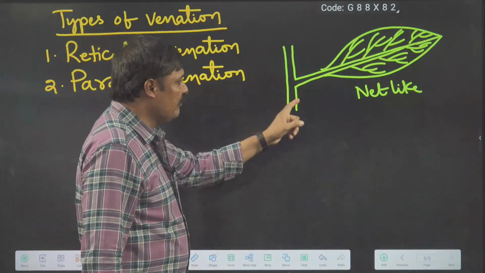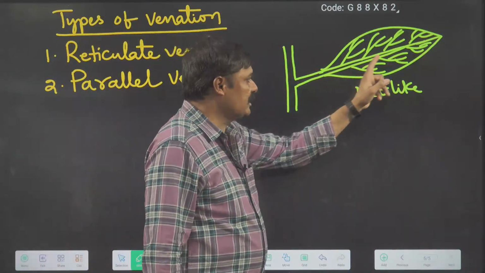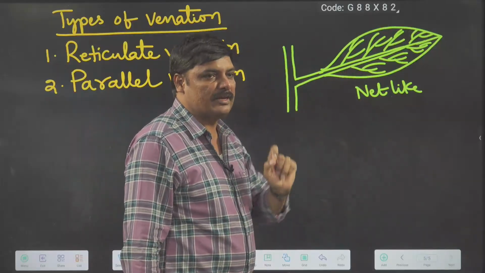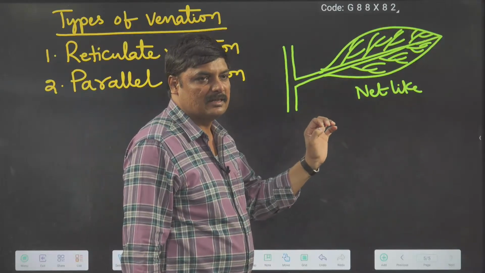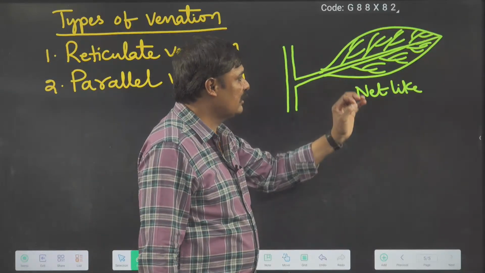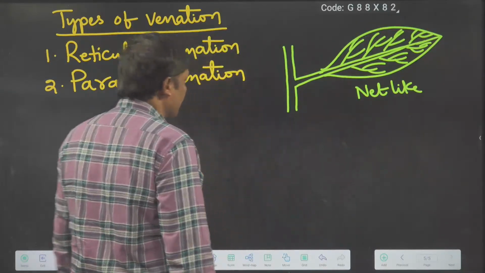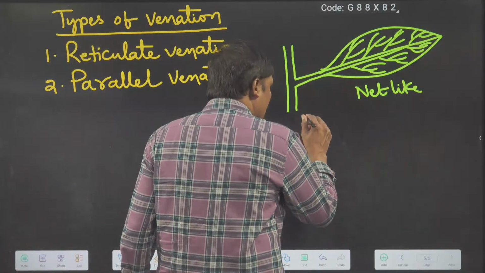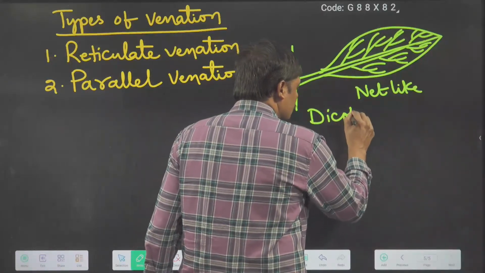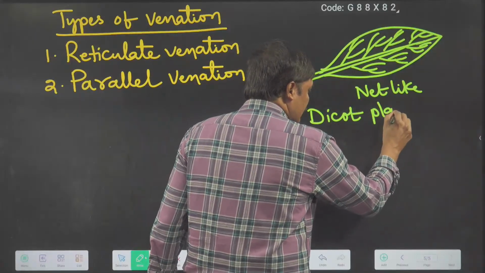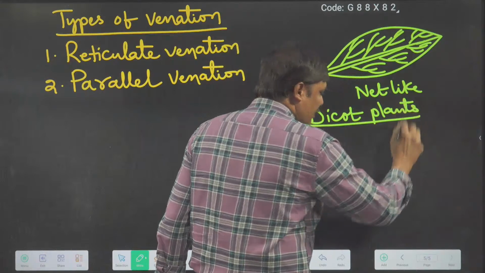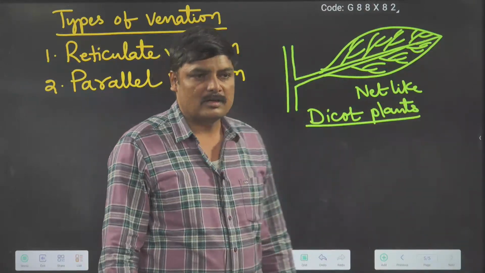In reticulate venation, there is a midvein. Midvein gives rise to lateral veins and veinlets. The veinlets are arranged in the form of a net, then it is called reticulate venation. This is commonly seen in dicot plants.